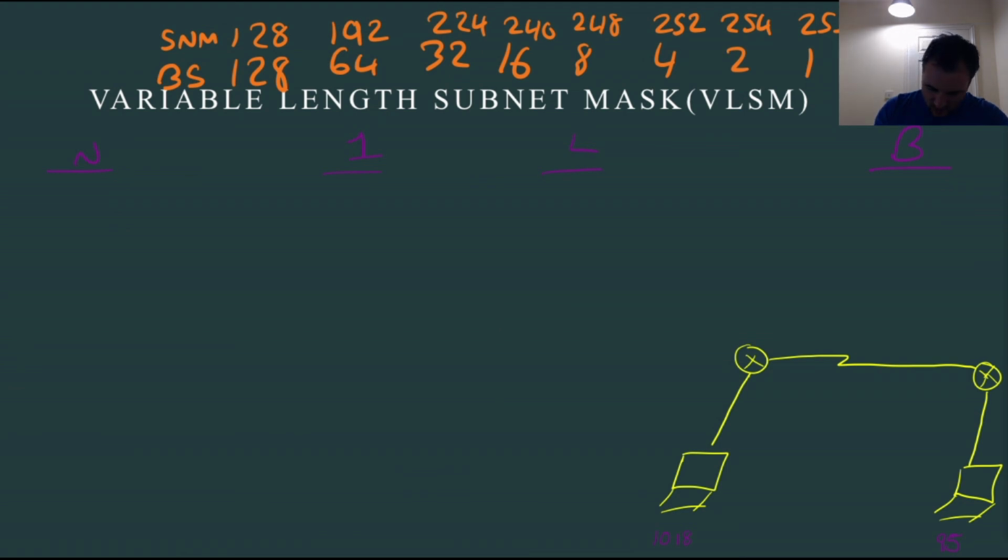Our stop point will be a different colour, a nice blue. 172.16.0.0. And we said we wanted 1018, and we know it sits within this portion here. It starts within the 4 portion in the third octet.